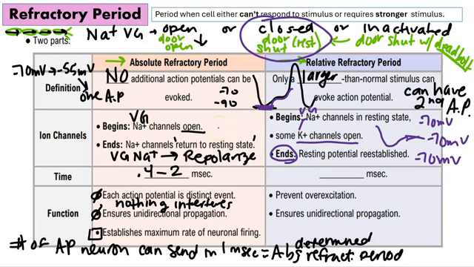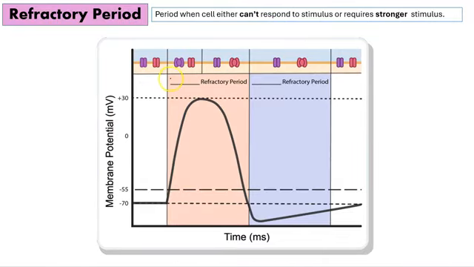Let's see a brand new graph in relation to absolute refractory and relative refractory. So first, we see that this is going to be absolute refractory. And remember, this is going to be a period where the cell cannot respond to a stimulus. That's the absolute refractory. And where it can respond to a stimulus, but that stimulus has to be really, really great and strong, that's going to be the relative refractory period.